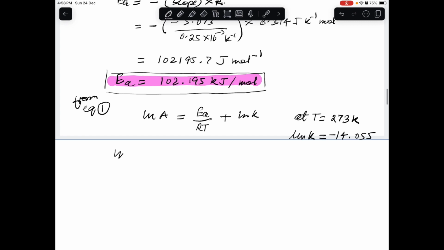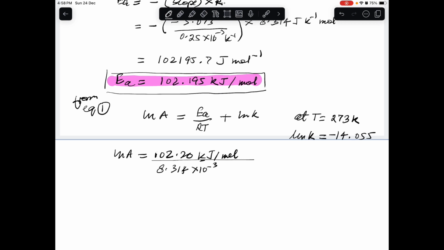Therefore, natural log of A is equal to the energy of activation we have already calculated, so it is 102.20 kilojoule per mole divided by 8.314 into 10 raised to the power minus 3, because here we have taken the value in kilojoules.